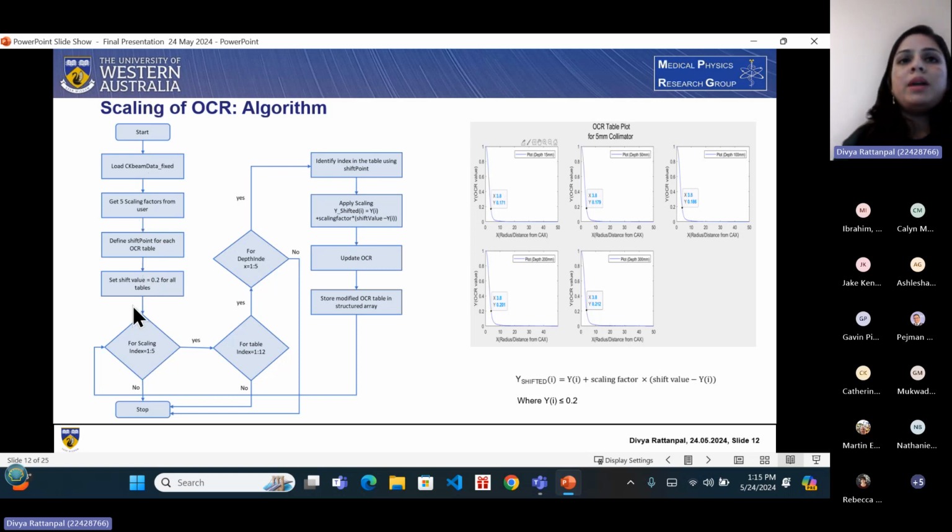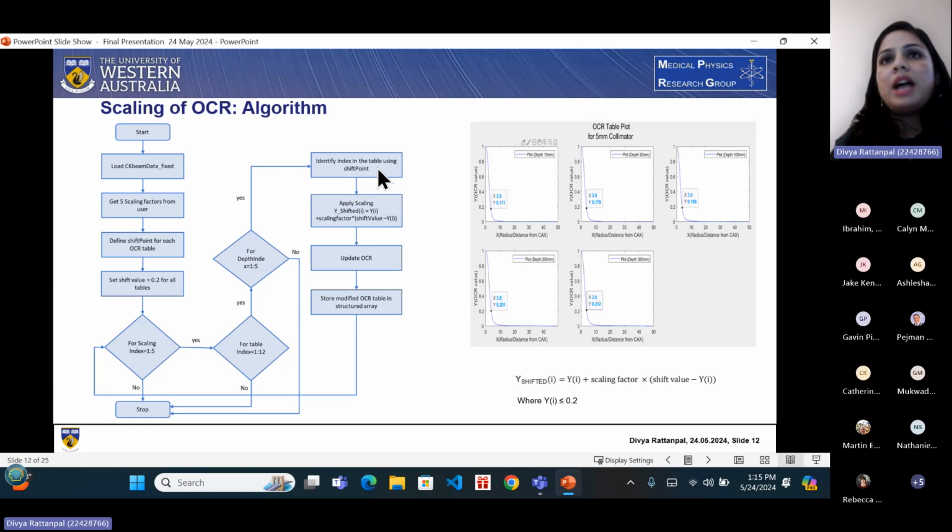Now the code loops through the 5 scaling indices, the amount of scaling defined for the tables, and then it loops through the 12 OCR tables, and then through the 5 depths. After that, it identifies the index I of the shift point, where the scaling is to be started.